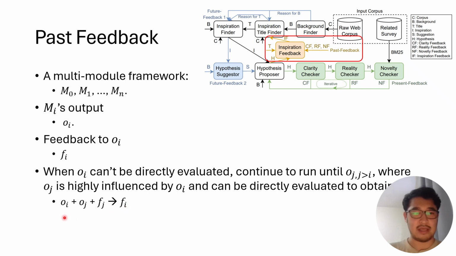Then we can use output I, output j and feedback j to obtain feedback I. We achieve this step with a large language model, which is the orange module here. Having feedback I, it's the same as present feedback: we give the previous output and its feedback to module I again to regenerate output I. This step is exactly the same as present feedback.